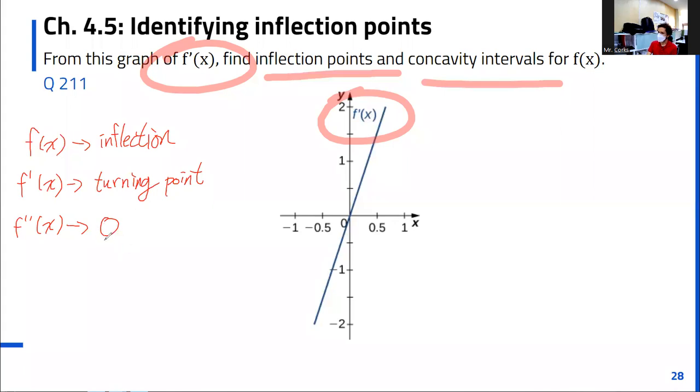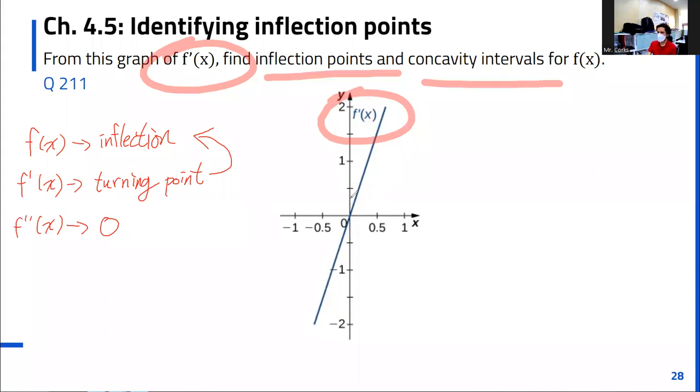So we found the zeros of the second derivative to identify the location of the inflection points. So we went from the zeros of the second derivative to the original function. But we can also think about the turning points of the first derivative, and those will tell us the inflection points.